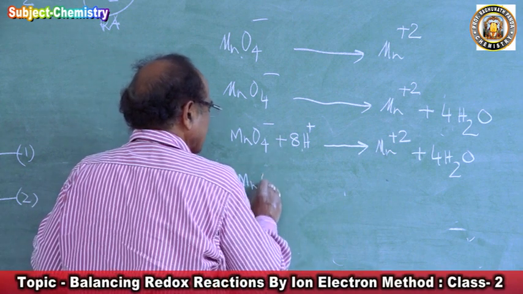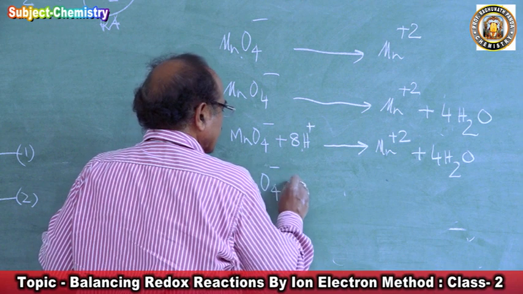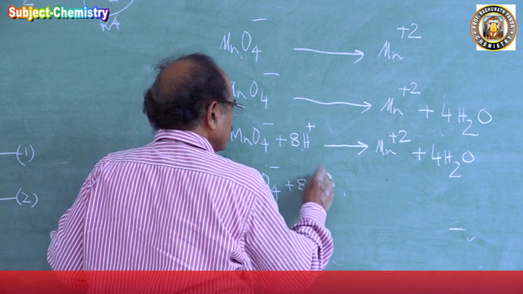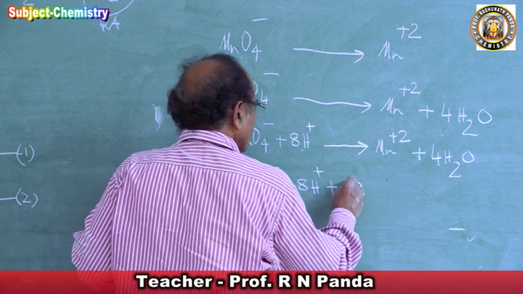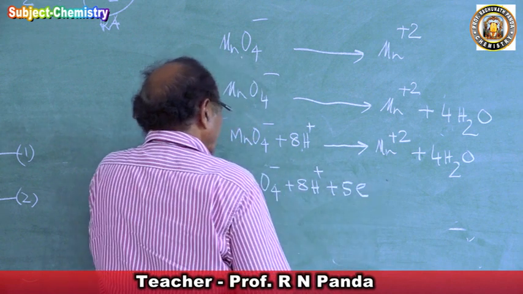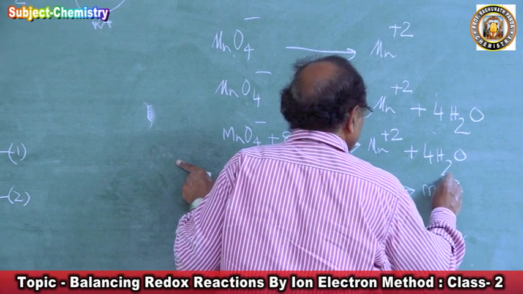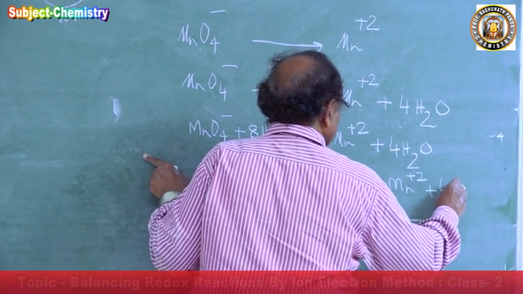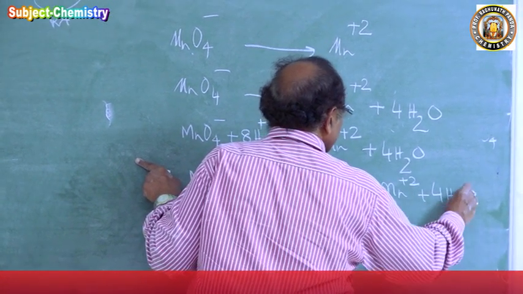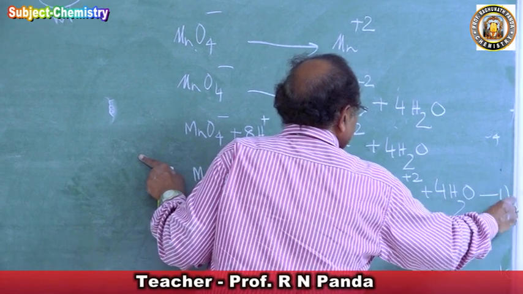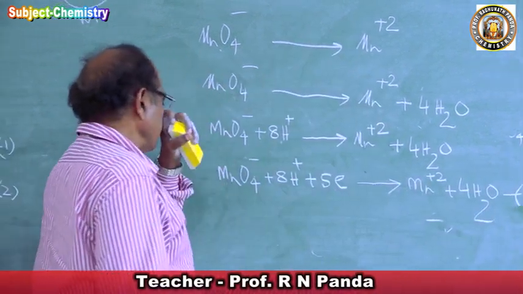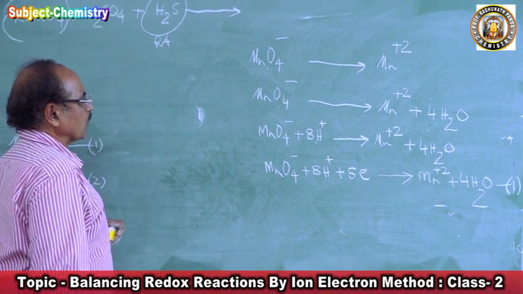So MnO4 minus plus 8H plus 5 electrons forms Mn plus 2 plus 4 water. So this is the balanced form of the potassium permanganate equation we got.